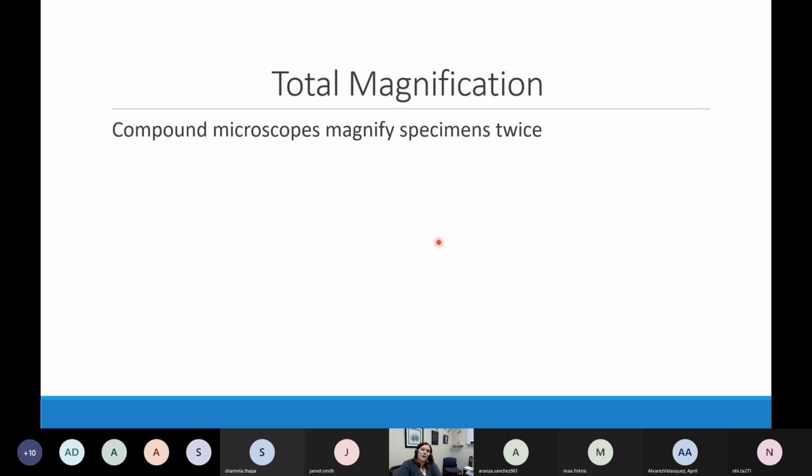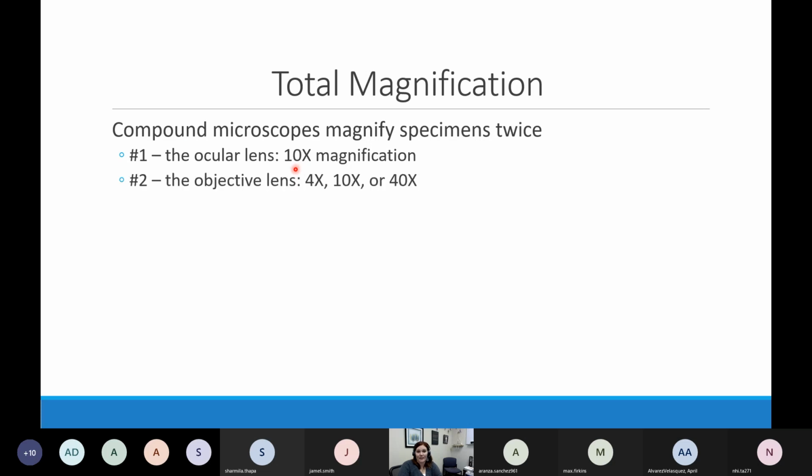Our microscopes are what we call compound microscopes. That means that when we magnify things, we always magnify them twice. The first thing that's making what you see bigger are those oculars. Oculars, remember, are the things that you look through. By themselves, the oculars make things 10 times bigger. But then the other thing that's magnifying things are the objectives.